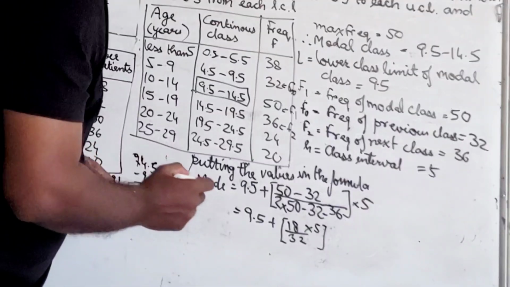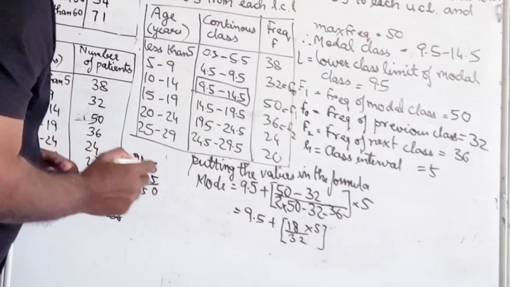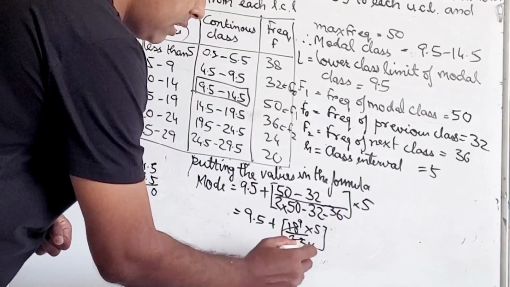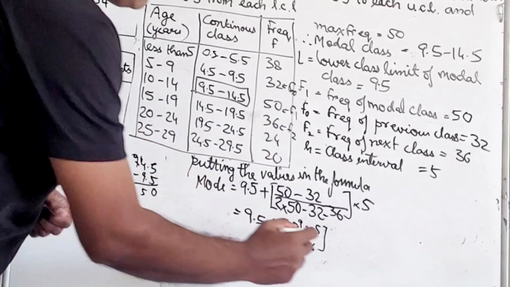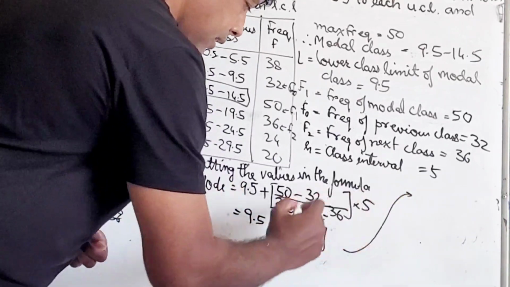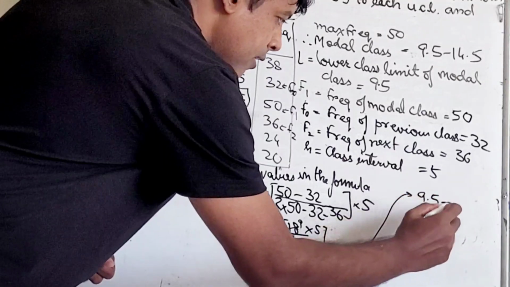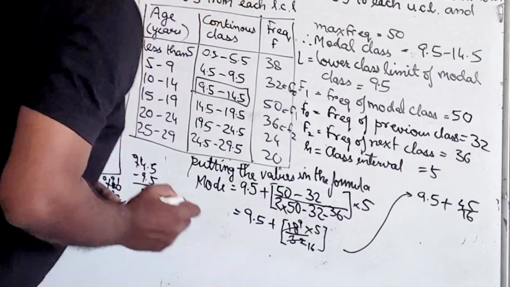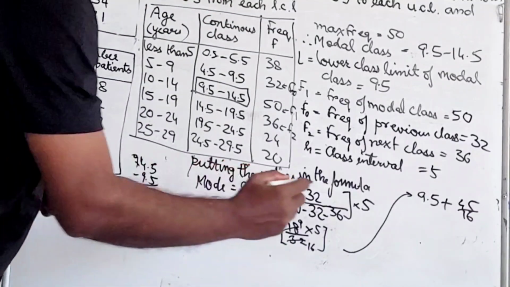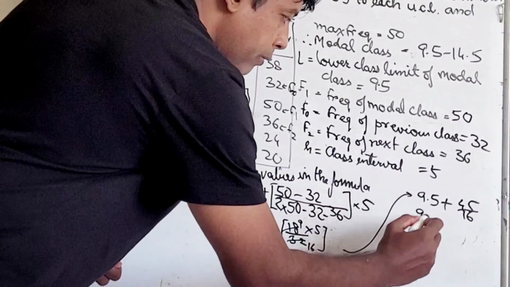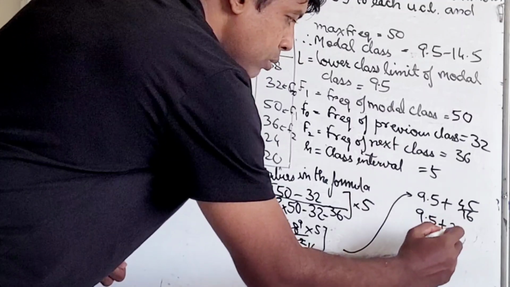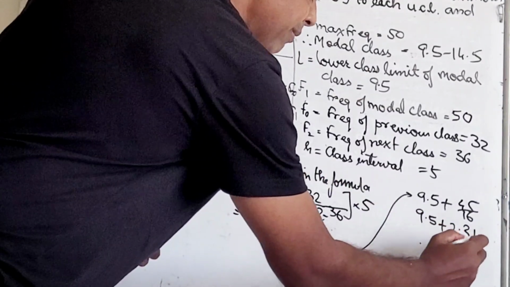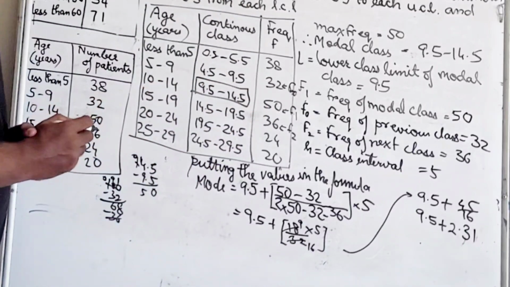This is divisible. You do this separately. So 2 9s are 18 and 2 16s are 32. So we get the value as 9.5 plus 45 upon 16. You can divide it and see. You can find it till 2 places.